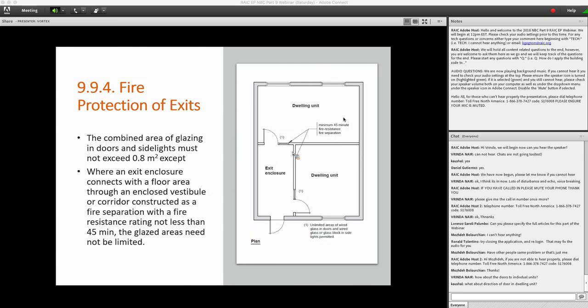However, if you have a vestibule or a corridor that connects the floor area to the exit, then you can have unlimited glazing in that vestibule, provided that the corridor is constructed as a fire separation with a fire resistance rating not less than 45 minutes. That waiver is essentially because you have some form of a common area before you get into the exit fire separation.